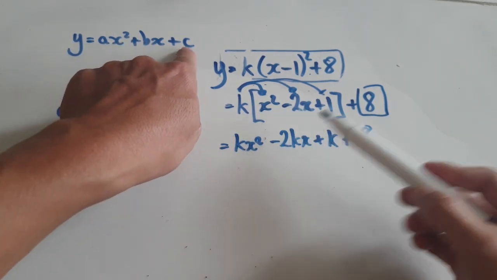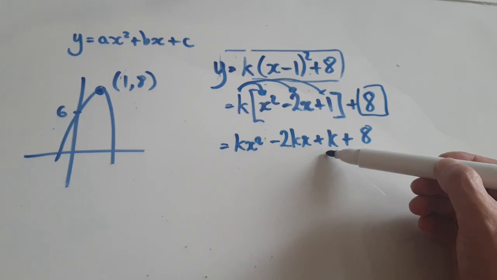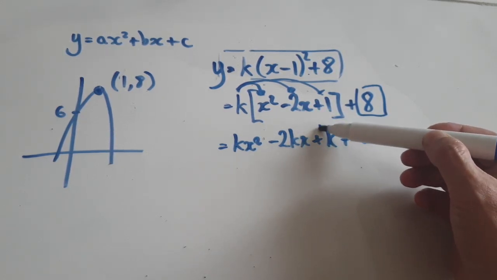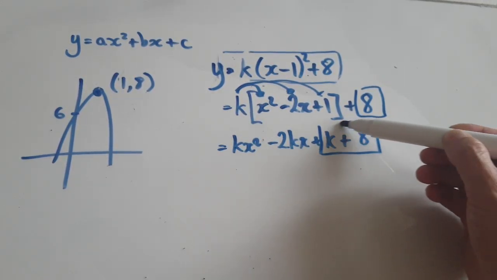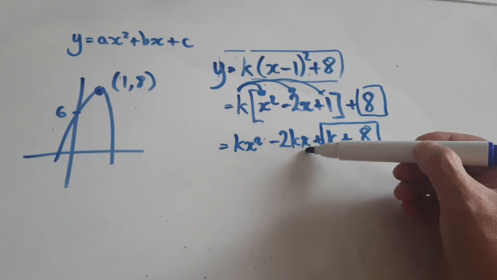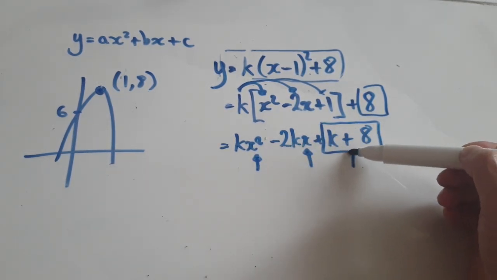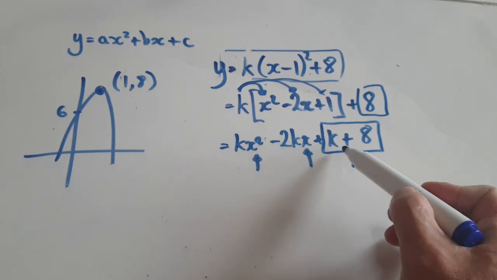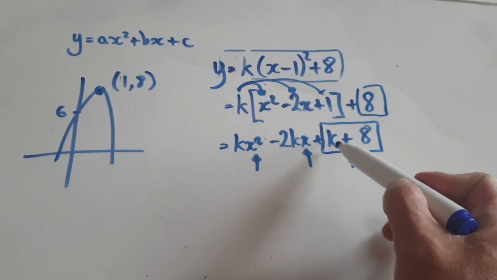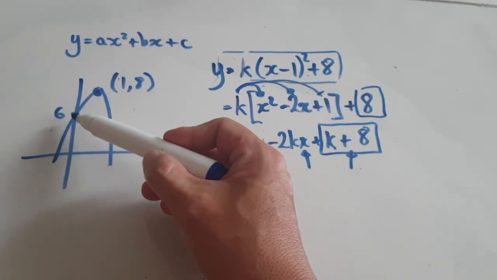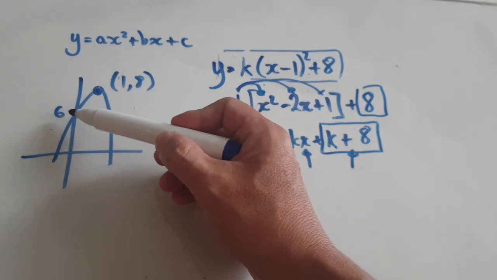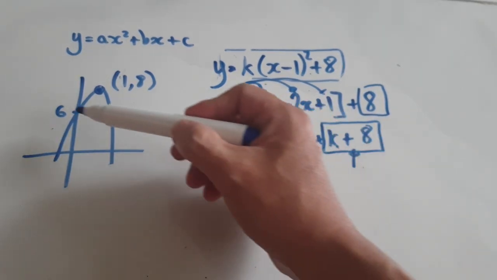So the intercept is actually this thing here, because this is your x, this is your x squared. We only care about the intercept being 6. So looking at this, k must be negative 2 in order for it to have an intercept of 6.